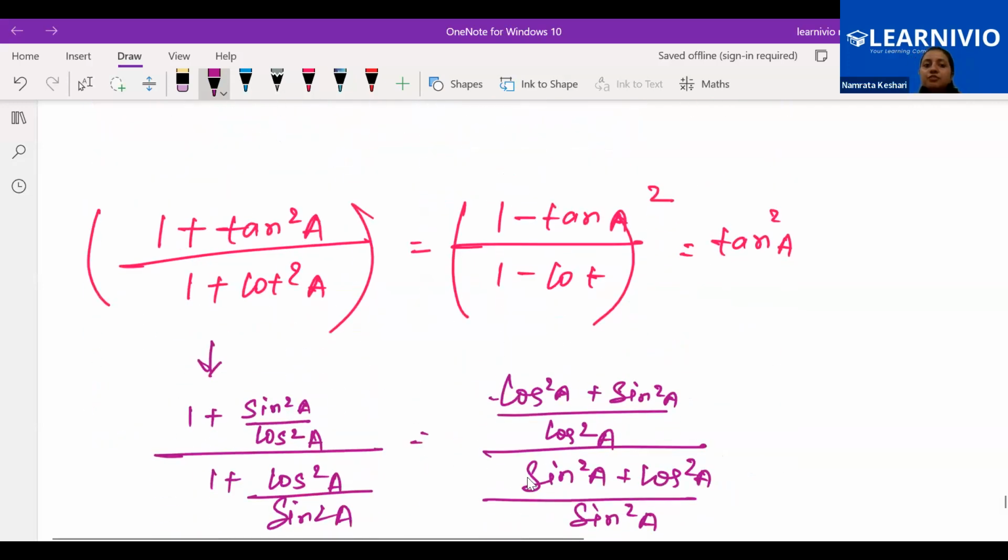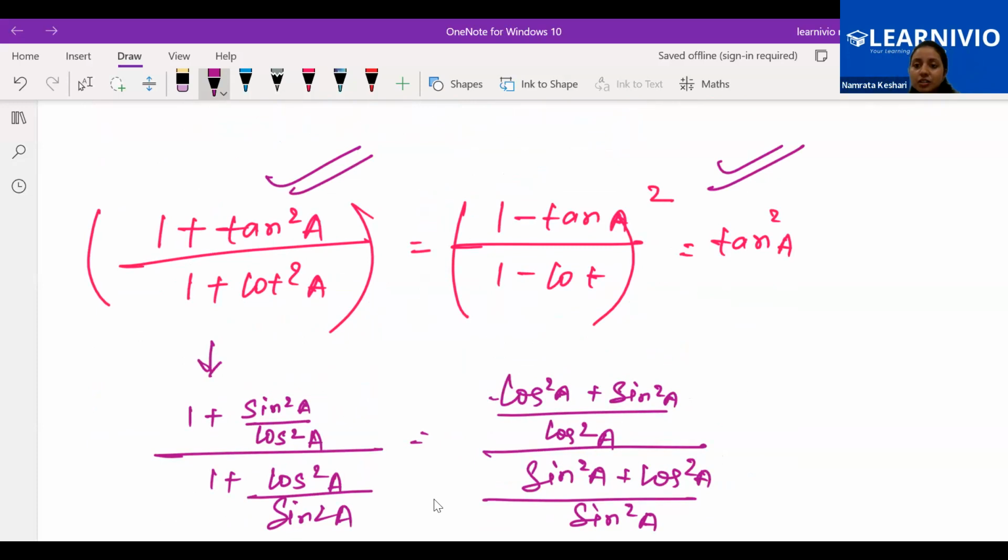So we have proved the first part and the last part are same. But what about the second part? Now we will take the second part and try simplifying it. Maybe we will again be getting tan square A and then we can say that all are equal with each other.